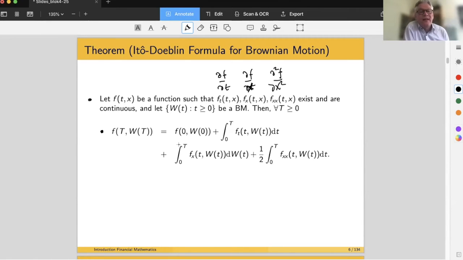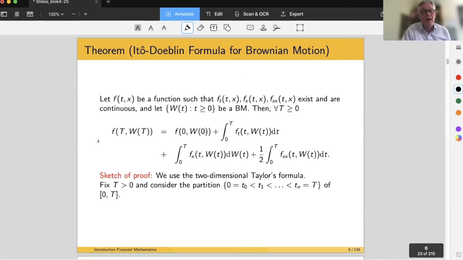This is in fact Ito-Doeblin's formula for Brownian motion. So we see a derivative with respect to time times dt, a regular integral, an integral with respect to W, so a stochastic integral f_x dW, plus the extra term 1/2 the integral from 0 to T of the second derivative of f with respect to x times dt.